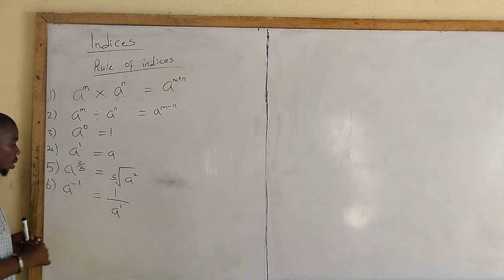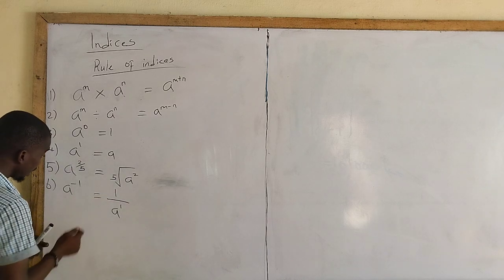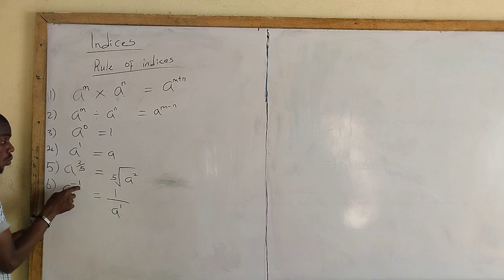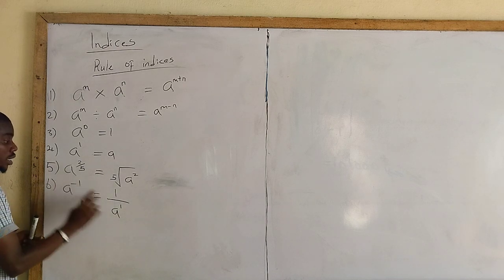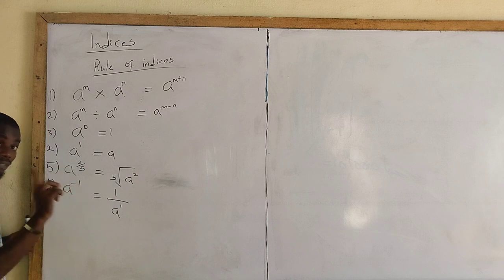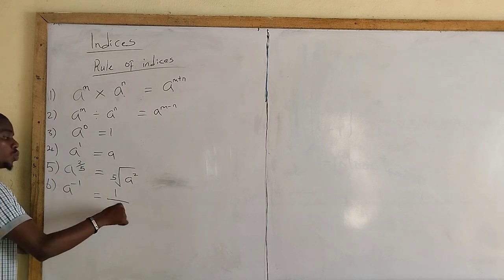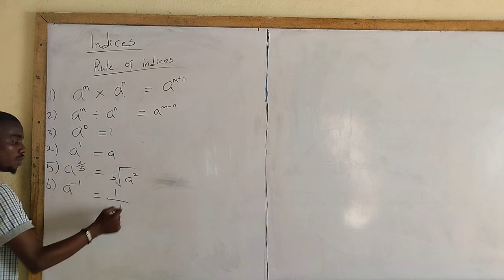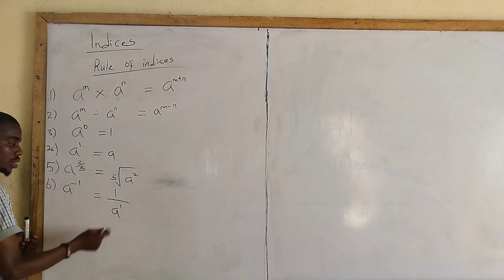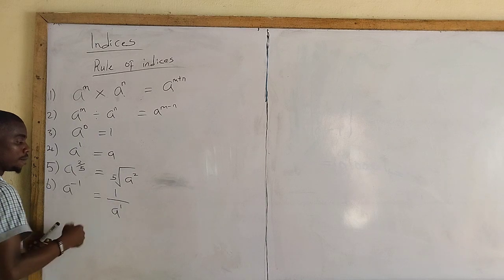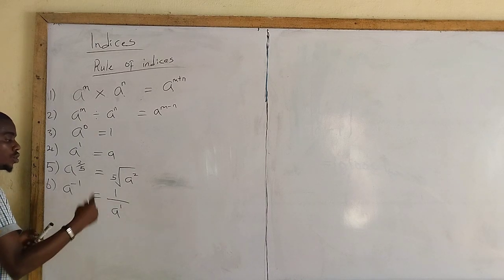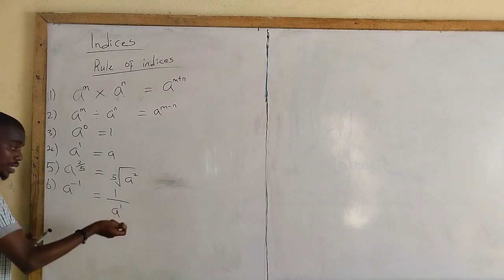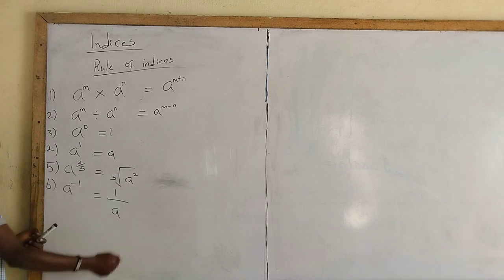Now remember that it won't always appear like this. You will not write 1 all over a raised to the power of 1, because it is known already that any number raised to the power of 1 is always that same number, so you always see it in this form.